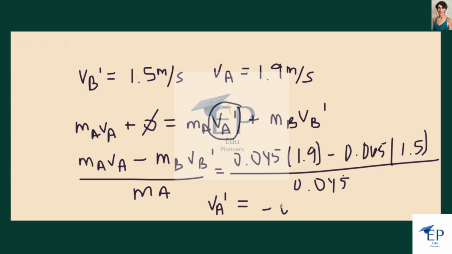We get negative 0.34 meters per second. This tells us that it's going left.